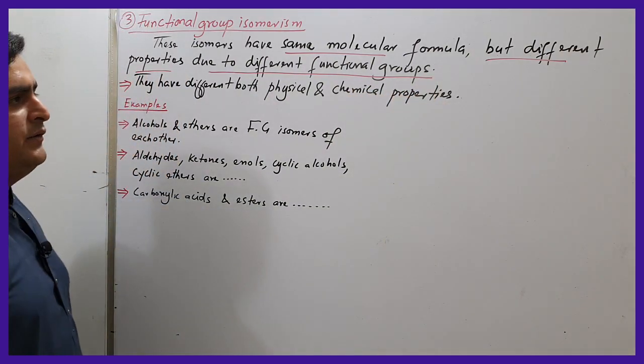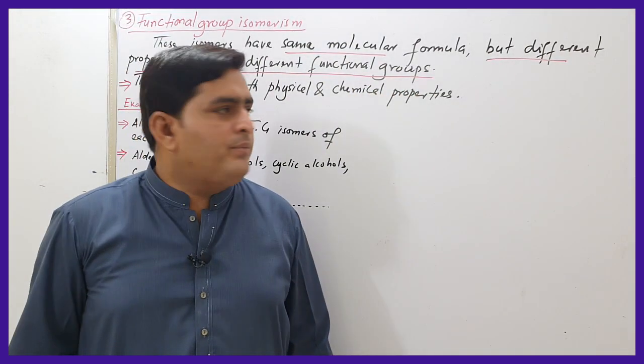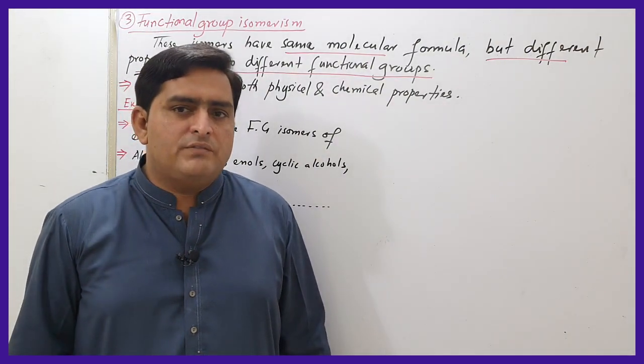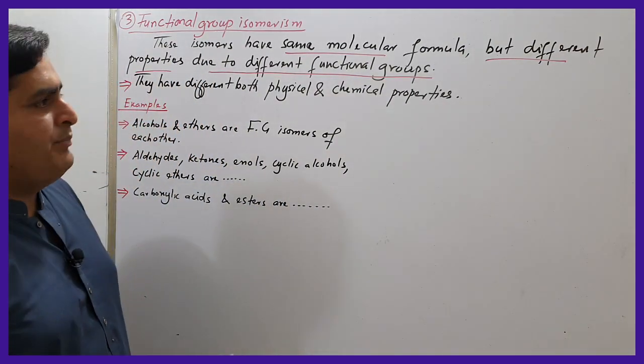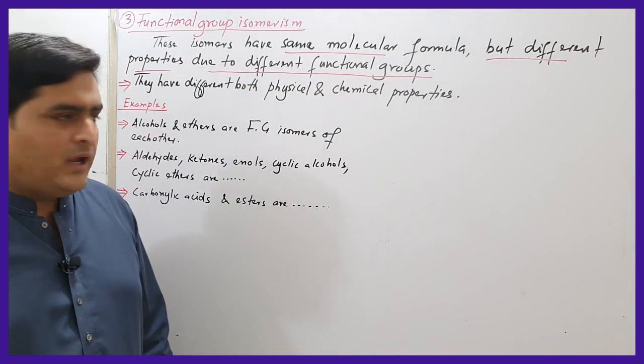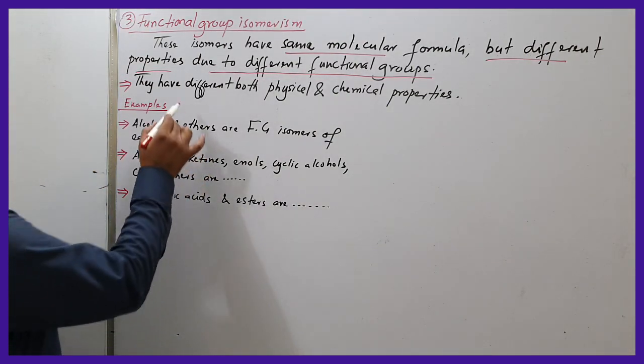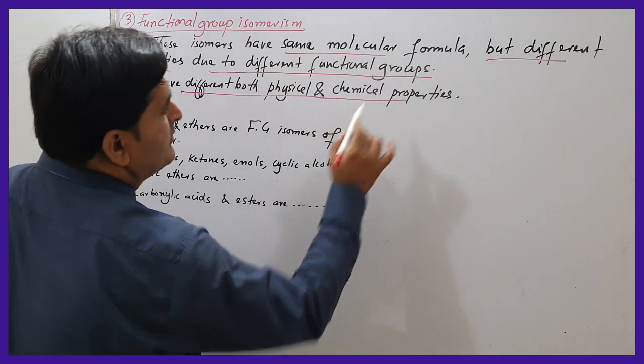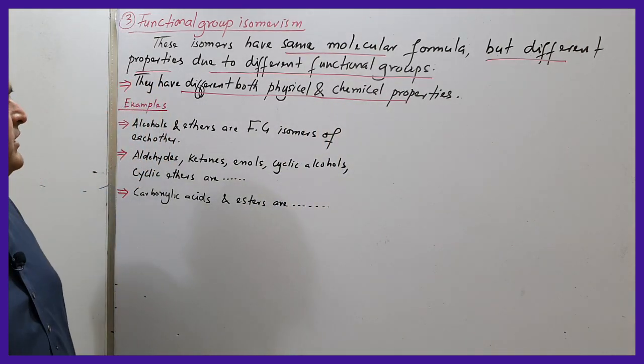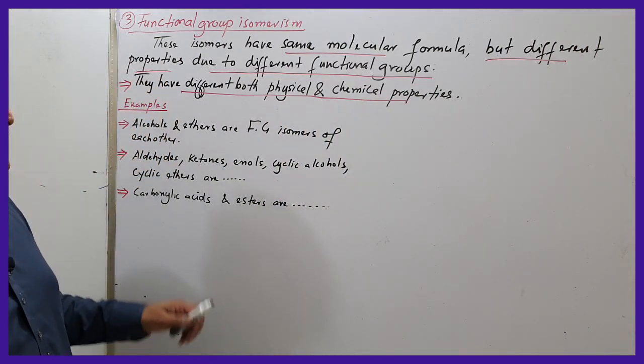We know that the properties of organic compounds depend upon the presence of functional groups, so as these compounds have different functional groups, they will have different sets of physical and chemical properties.